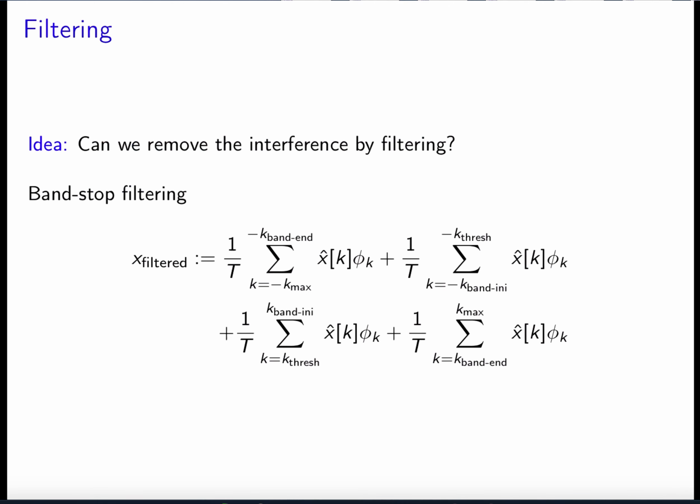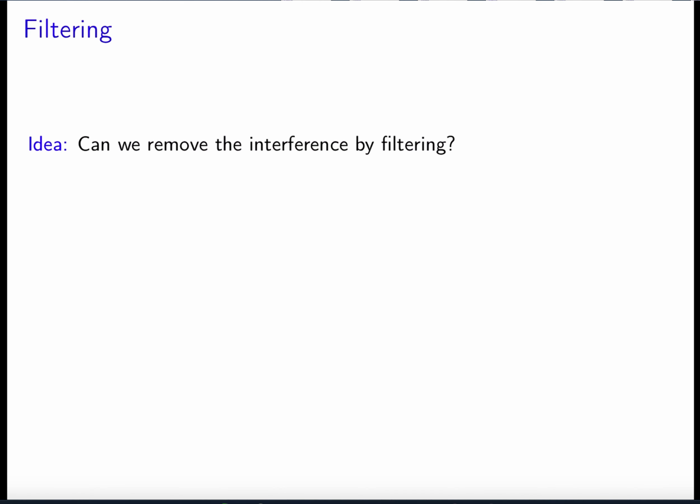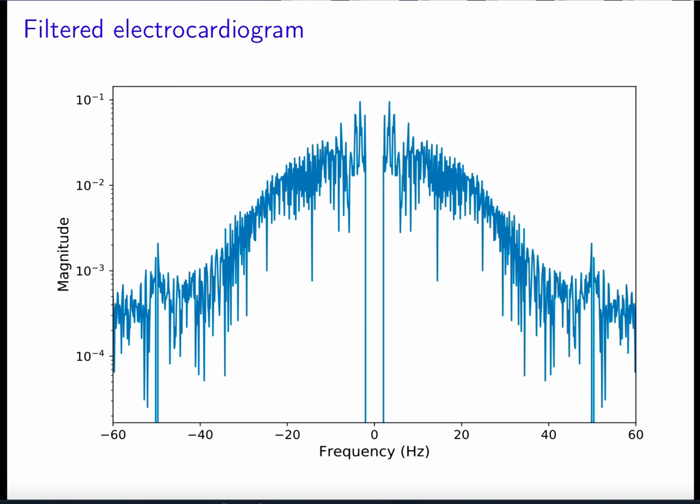What we're going to do is define a beginning and an end of that band, and we're going to remove everything that is in between. So you see that you had that there. We're going to actually remove those coefficients.